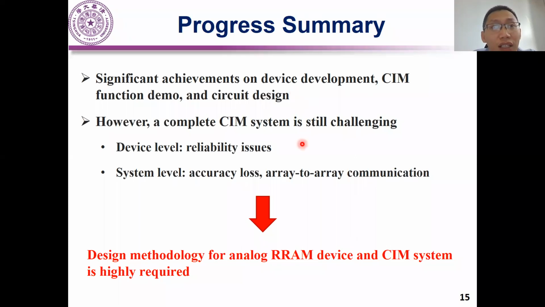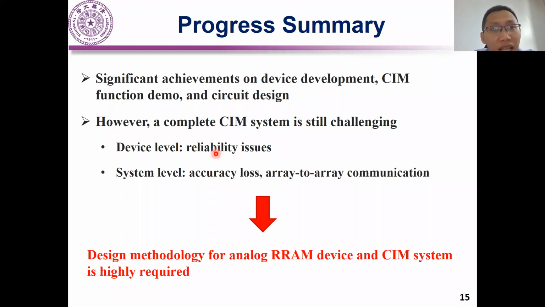However, a complete CIM system is still challenging. Here we summarize some key challenges. On the device level, the challenge mainly focuses on the reliability issue, including the yield, uniformity, retention, and endurance.